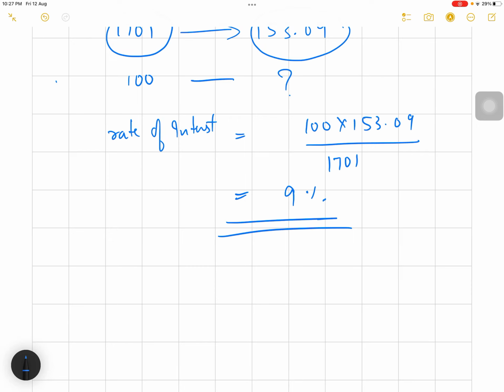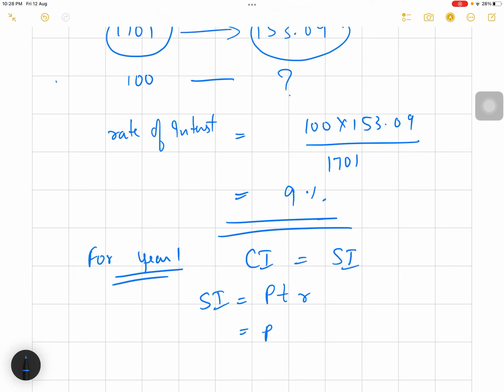So for the first year, compound interest is equal to simple interest only, right? For year 1, compound interest is equal to simple interest. For year 2, compound interest and simple interest change. So the simple interest formula is PTR. Principal we don't know.